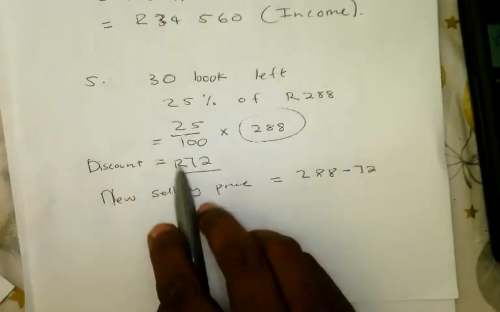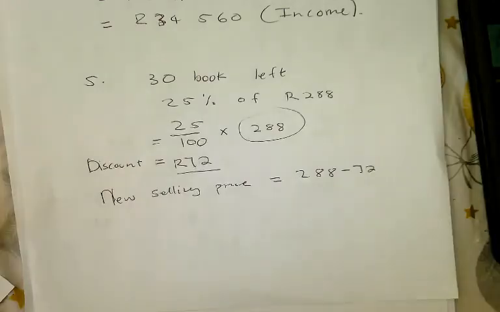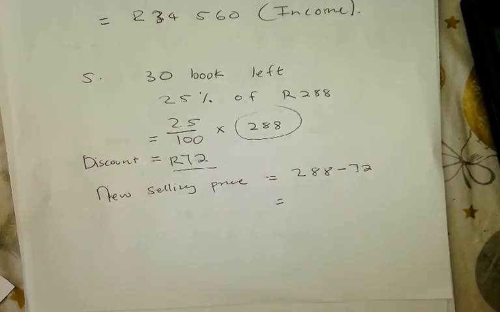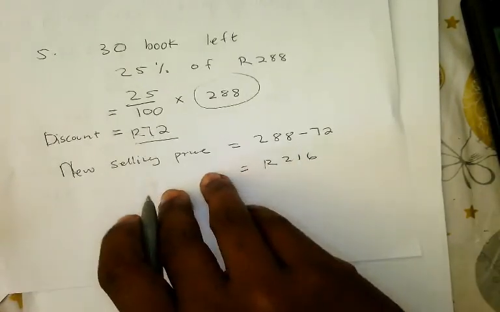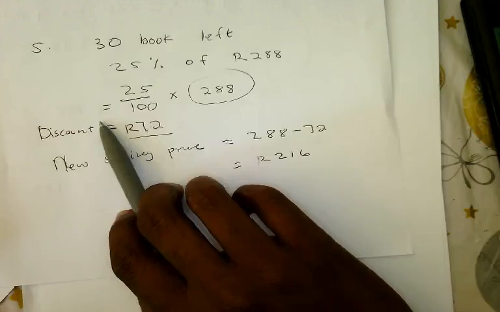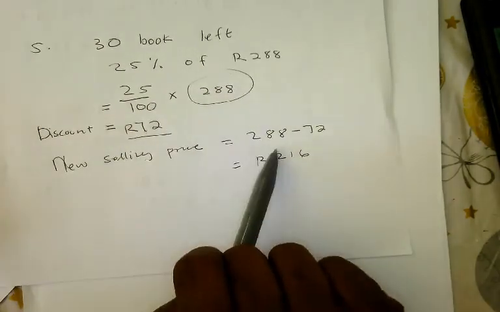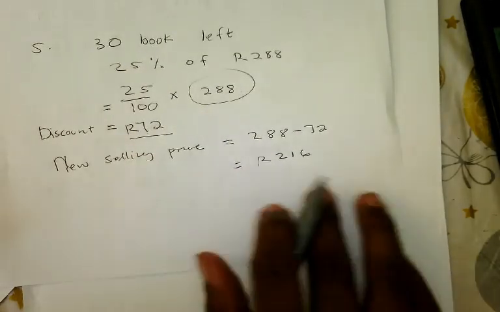This is 25% of that amount. So I need to remove it from the original selling price to get the new price. I get 216. So now we're going to change the price tag from this amount to this amount.